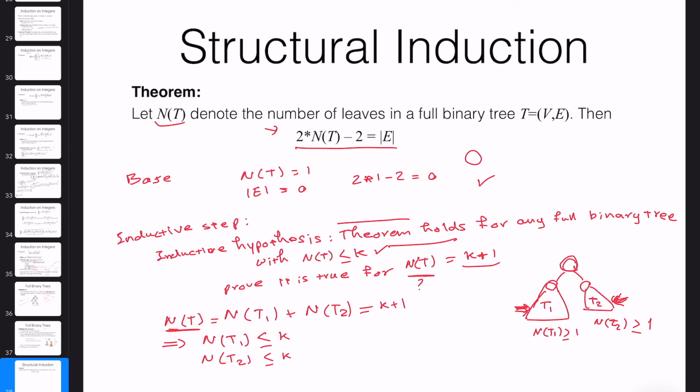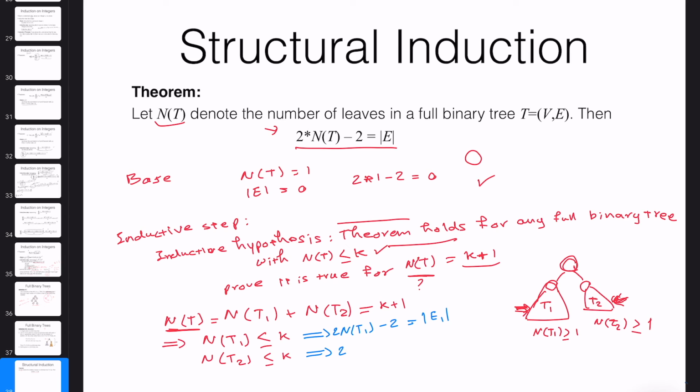Let's use a different color here. The theorem holds because of the inductive hypothesis. So I know 2 multiplied by the number of leaf nodes here minus 2 is going to be equal to the number of edges in T1.